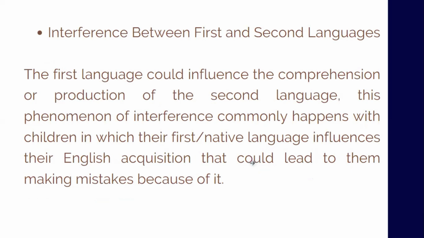So the first language could influence the comprehension or production of the second language. This phenomenon of interference commonly happens with children in which their first or native language influences their English acquisition, which could lead to them making mistakes because of it. This is certainly true, especially among young learners who just learn English because they are really tied to their native language.